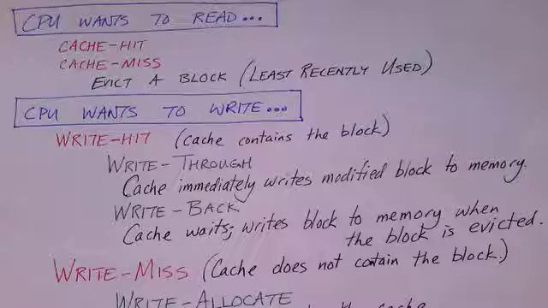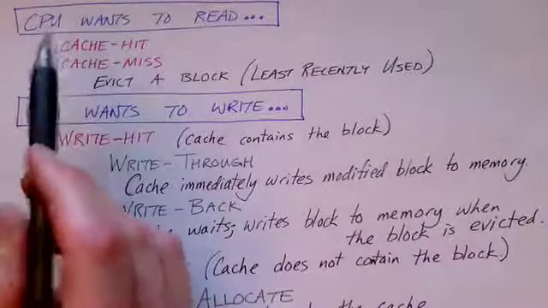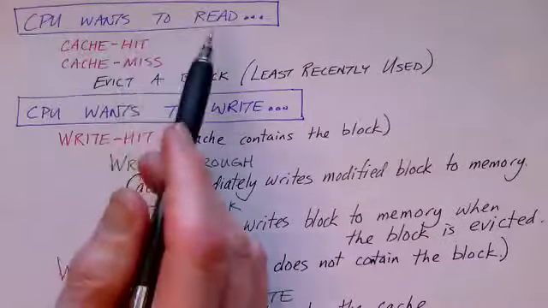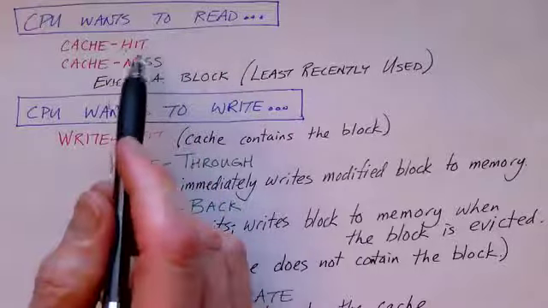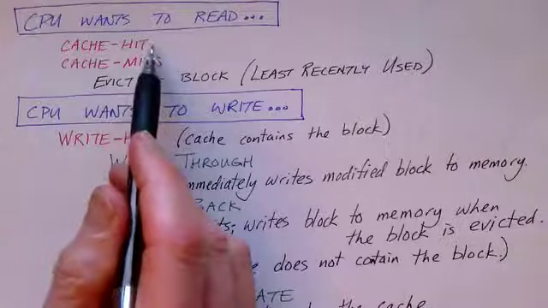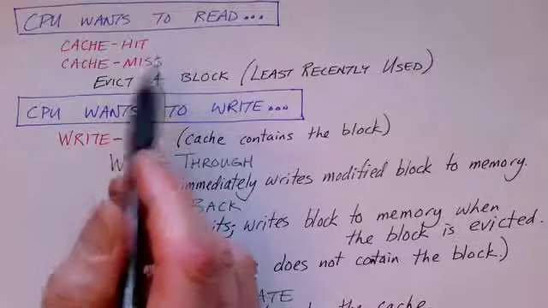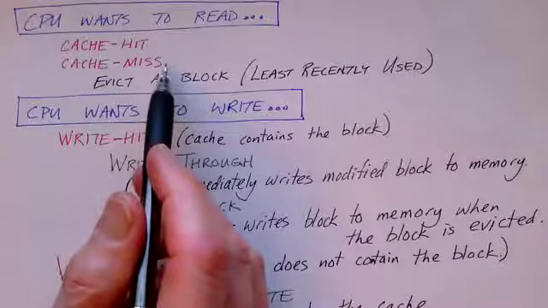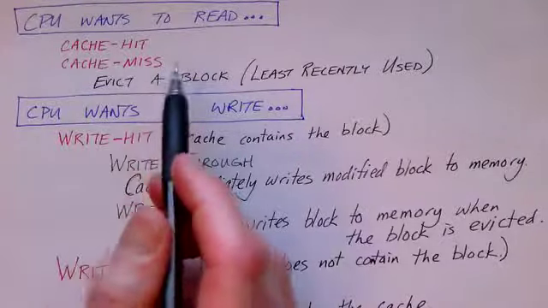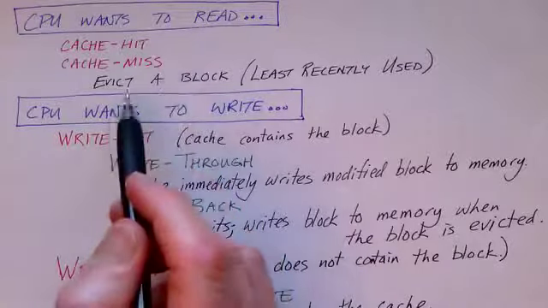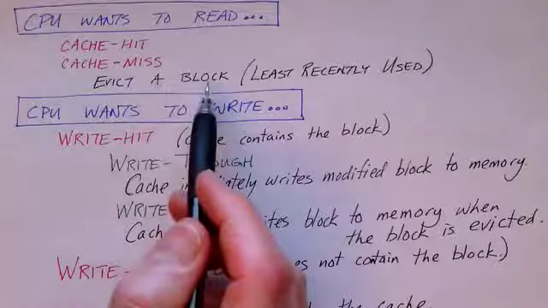So next, let's turn to the problem of writes. But before we do that, let's talk about a read. If the CPU wants to read a particular byte, then it may or may not be in the cache. If it's in the cache, of course, we call that a cache hit, and if it's not, it's a cache miss. In the case of a cache miss, the cache needs to read the block from main memory, but in order to have some place to put it, it has to evict a block that's already in the cache.